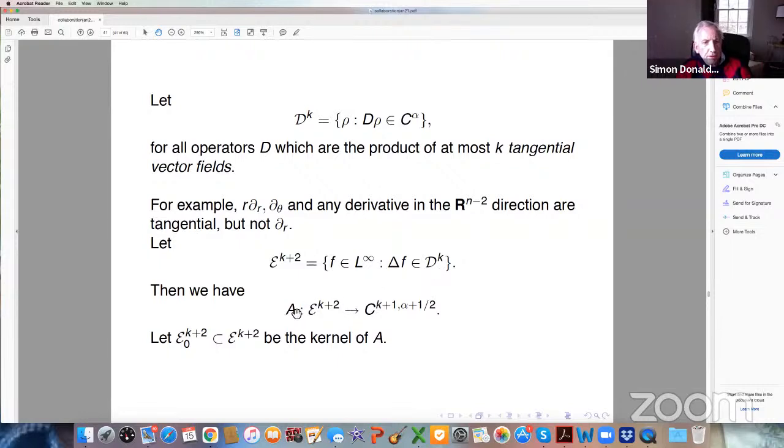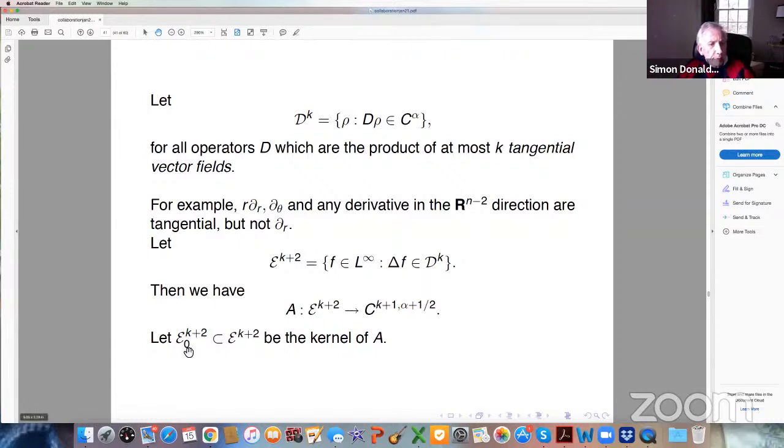So our previous result said that our map A maps E^2 to C^(1,α+1/2), but because in our space D we control all the derivatives in the R^(n-2) direction, we can more or less just, by applying this to derivatives, get corresponding estimates on all these E^k spaces.